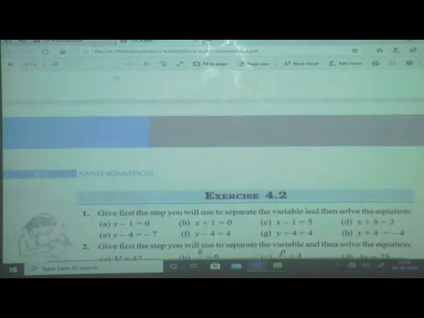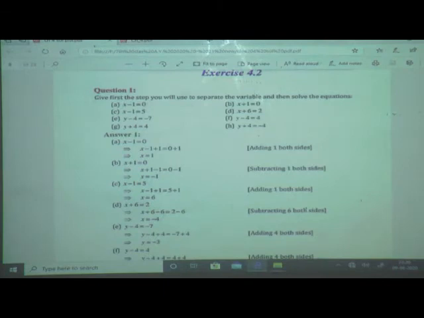So now we will go for some exercise sums. We will see one by one what is the solution for the given examples. Here, first you will separate the variable and then solve the equation. Now you know, a very familiar term you are using, variable.